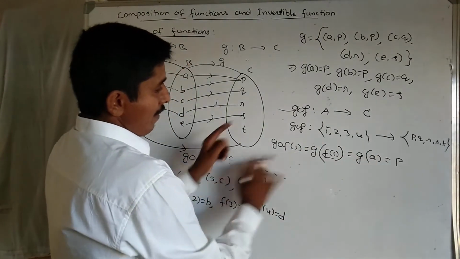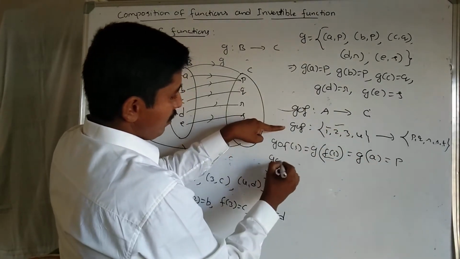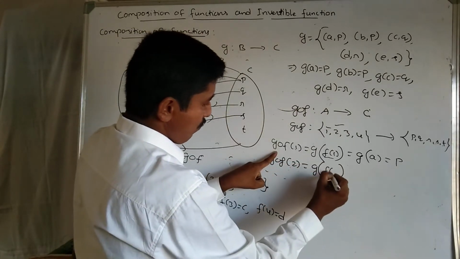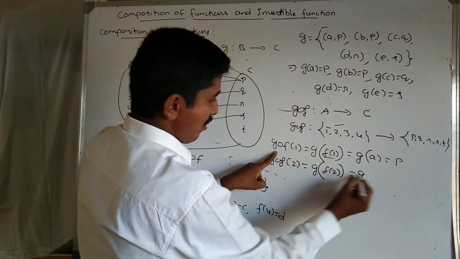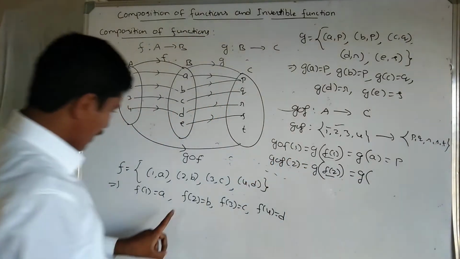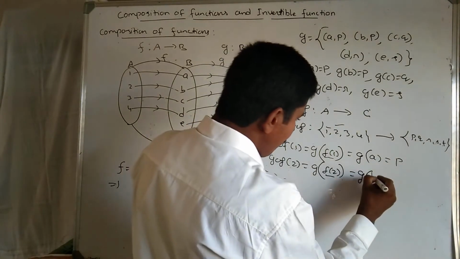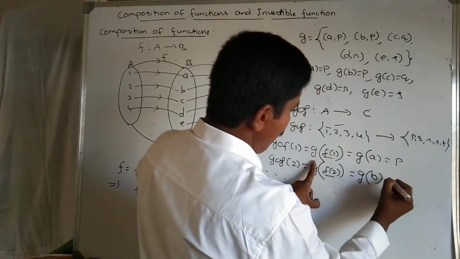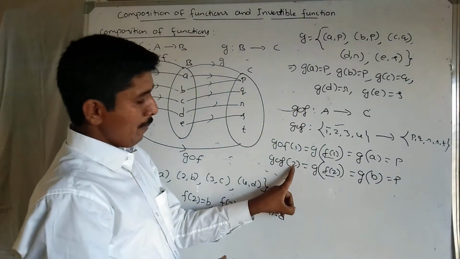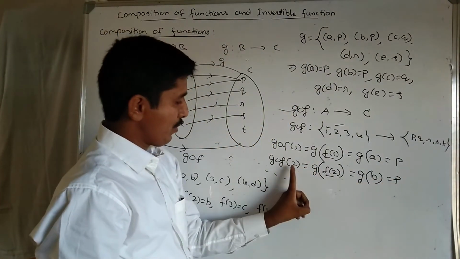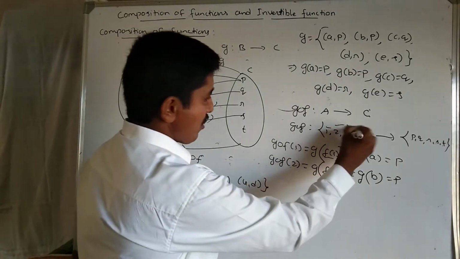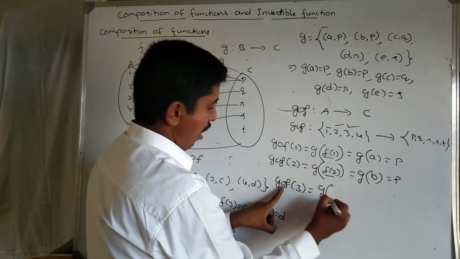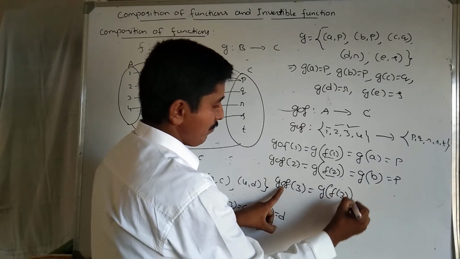Next, the second domain element 2. GOF of 2 is defined as G of F of 2. Here we have F of 2 equal to B, so G of B is P. Domain element 2 is mapping with P. Next, GOF of 3 is defined as G of F of 3.